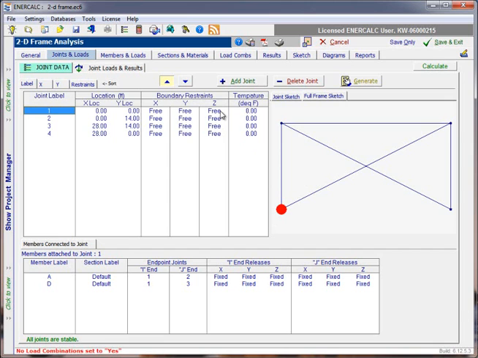And the reason for that is because we've already established that all of the members will want to be pinned at all of the locations where they connect to joints. So that starts to dictate to us that an effective way to model that situation is to use member end releases or pinned member end conditions where the members connect to the joints.